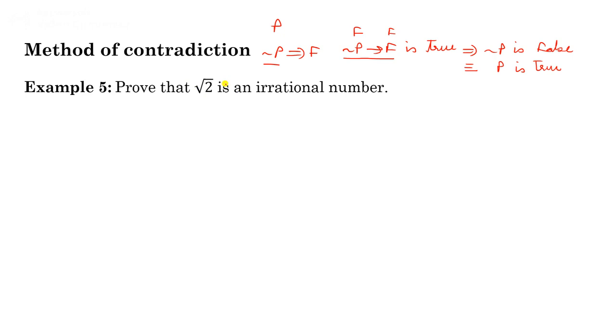So we will assume that root 2 is not an irrational number. It means root 2 is a rational number.